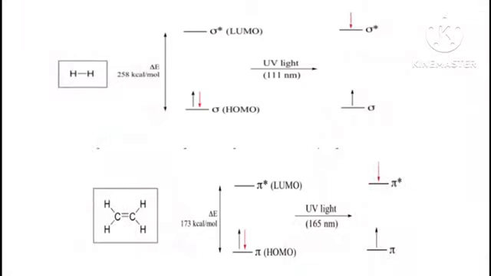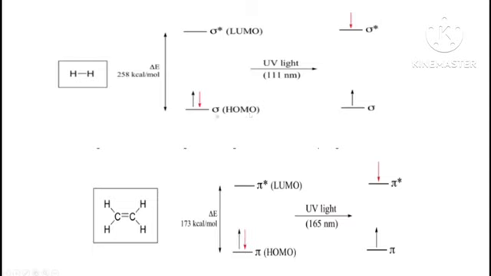So let's look at typical examples of how the electrons are transitioned. For example, if we take a hydrogen molecule, hydrogen gas, we are combining two atoms of what? Hydrogen to form a hydrogen molecule, right? Good. So you can see from this particular diagram, we only have sigma bonds. We have the sigma bond here, and we have the sigma anti-bonding orbital over here, right?